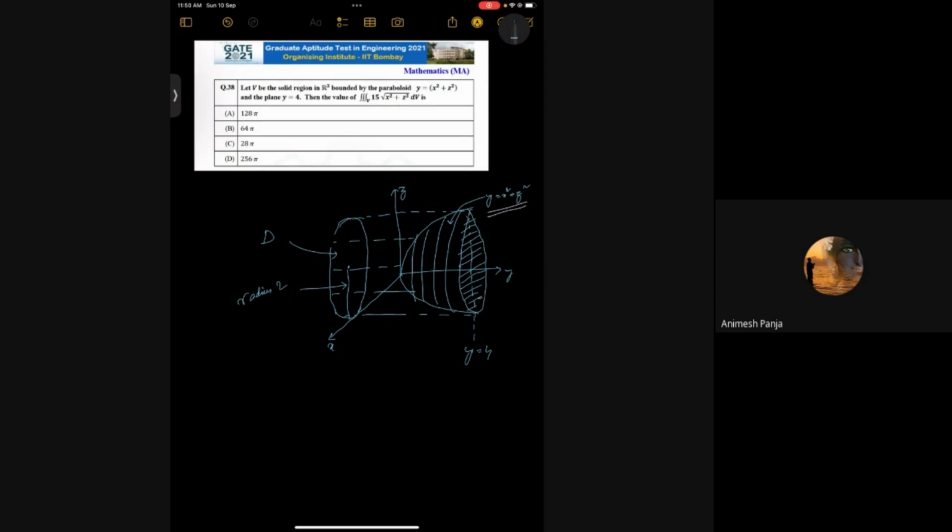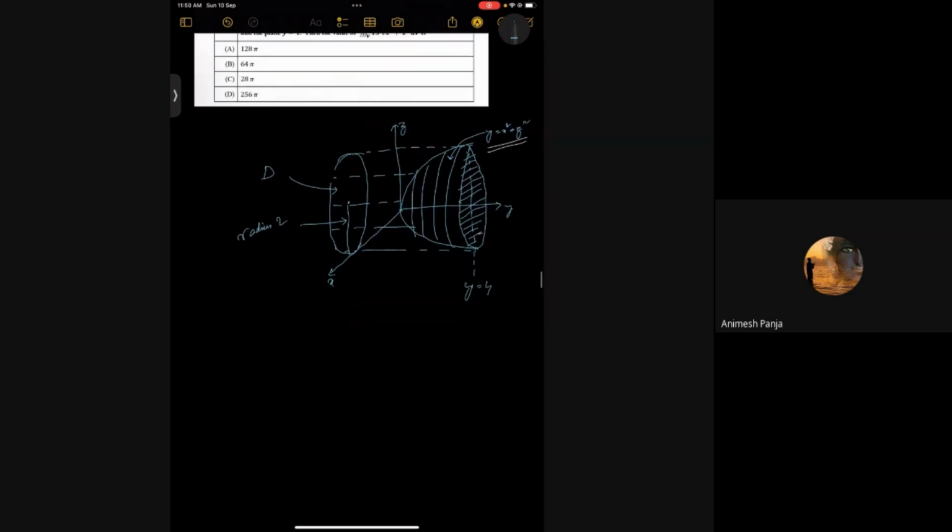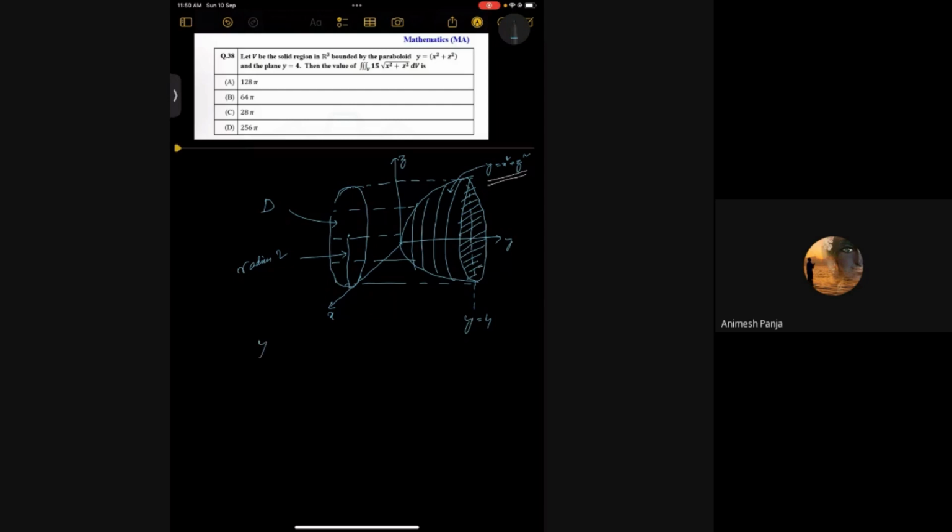Again, it's a good idea to know what a surface looks like. Because our paraboloid is y equal to x squared plus z squared, it will be a paraboloid whose axis is the y-axis. So I've drawn the paraboloid like this.